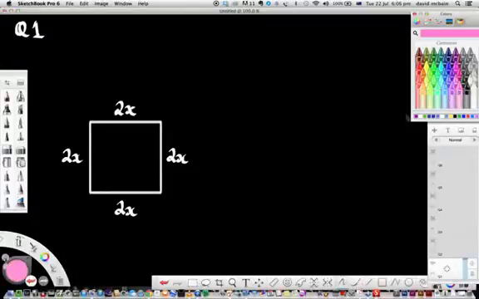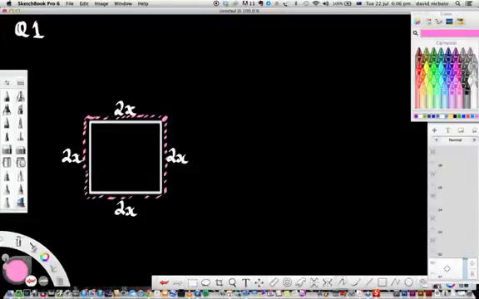Now the perimeter is the distance around the outside. So start from some key point, a starting point, and you're going around the outside of the shape like this, and we just want the total distance around the outside of the shape. Now we've given no numbers here.